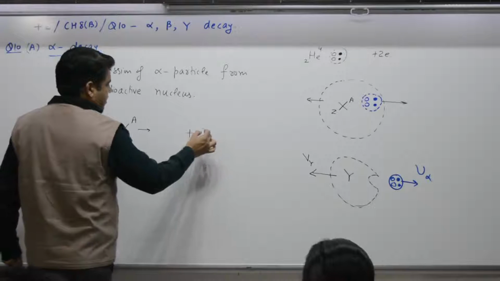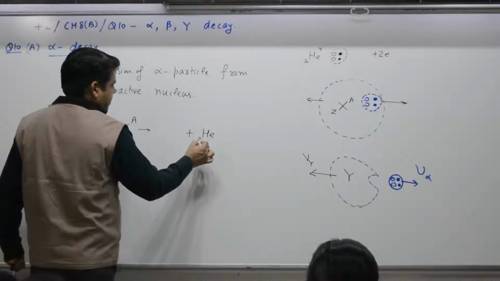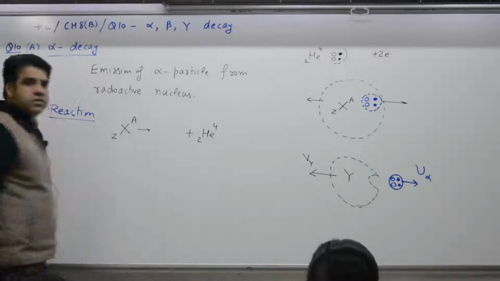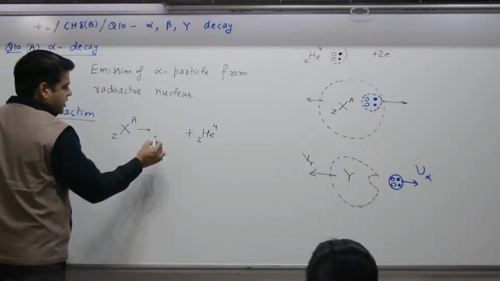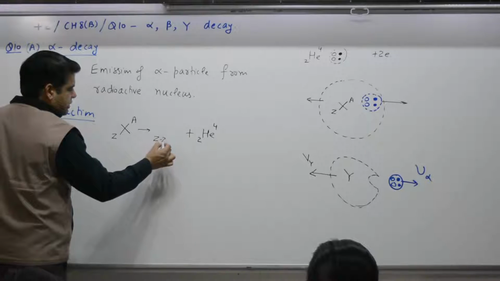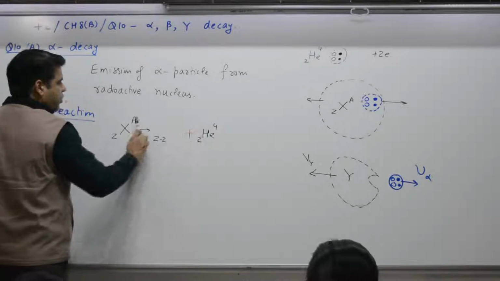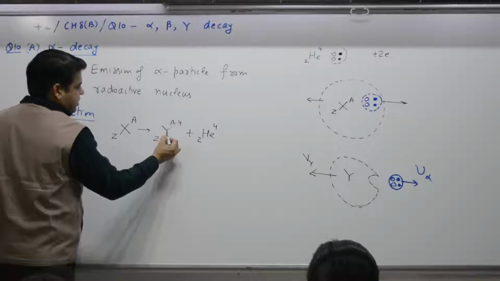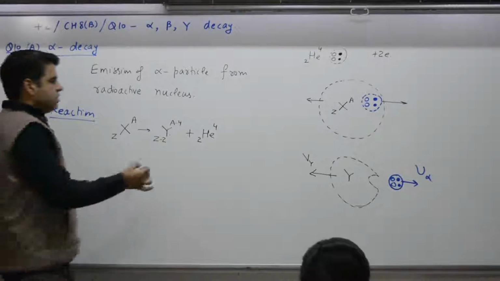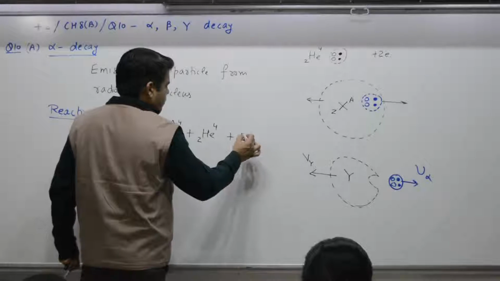When one alpha particle, helium nucleus, is emitted, two protons are emitted. What you are left with is Z minus 2 protons, A minus 4 nucleons, and this is the daughter nucleus Y. Along with this, you will have some energy also.